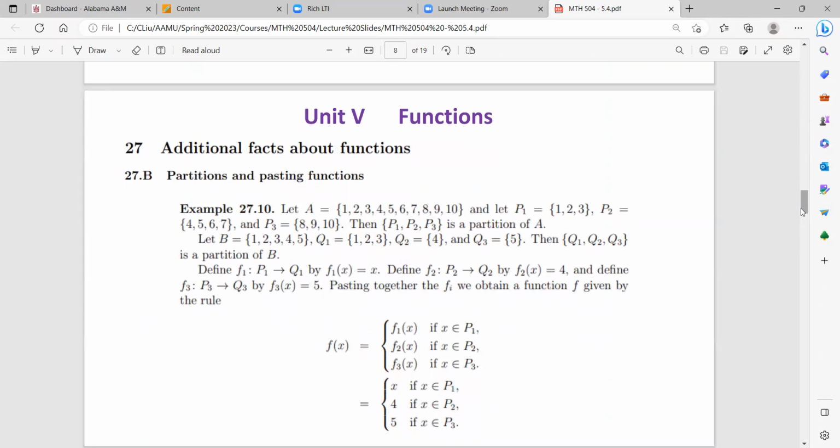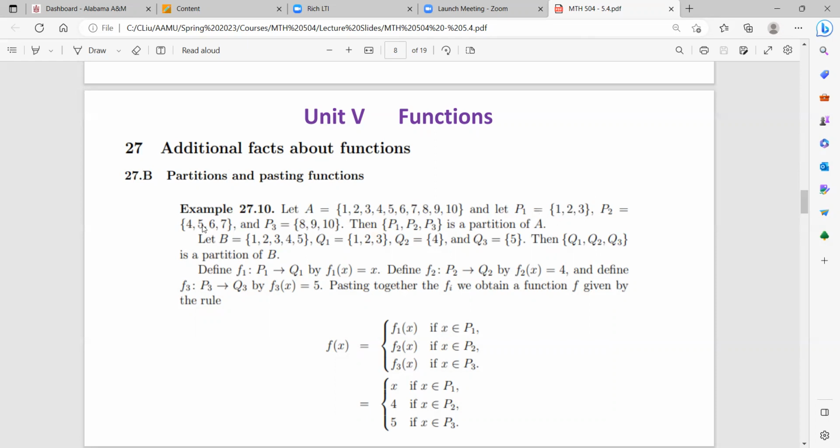So let's see one example of this pasting of partition functions. We have set A, which has 10 numbers, 1 to 10. Let's partition A into 3 subsets. P1 has 3 numbers, 1, 2, 3.